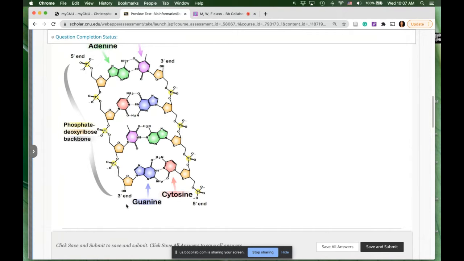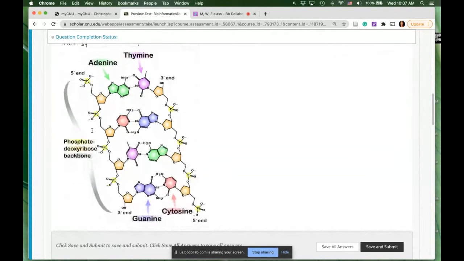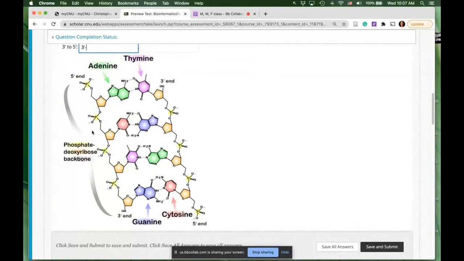That is the convention of reading DNA. If you read from bottom up, you'd have to write 3', and then the sequence, which in this case would be G, T, C, and A, 5'.